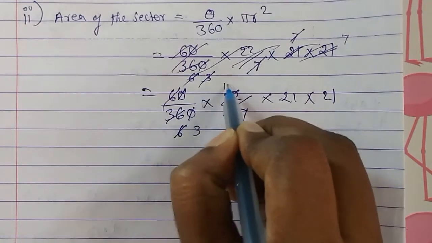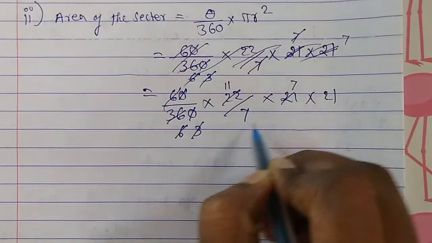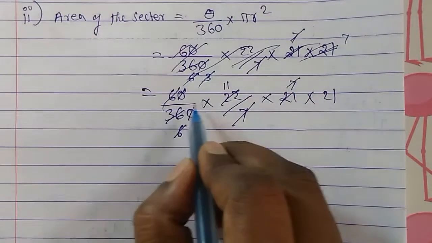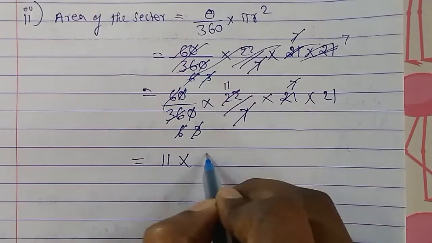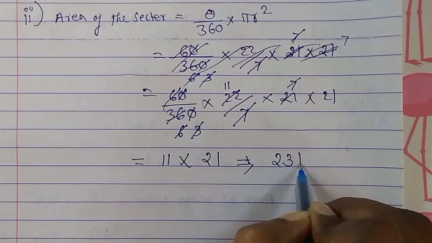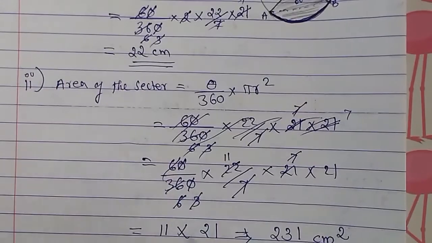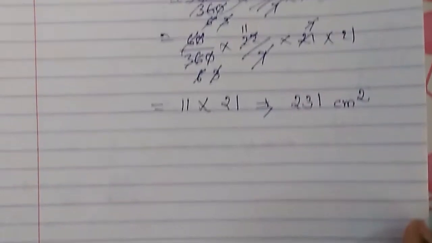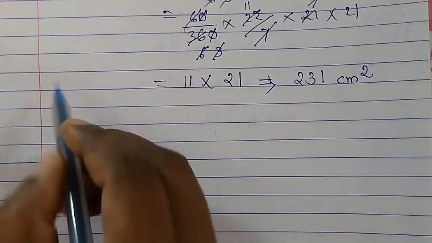Then here 11 it will become. Now with 3 you can cancel, becomes 7. Then 7 gets cancelled. So you are left with now 11, then 21. So that will give us 231. So this is centimeter square, because it is asked area of the sector.